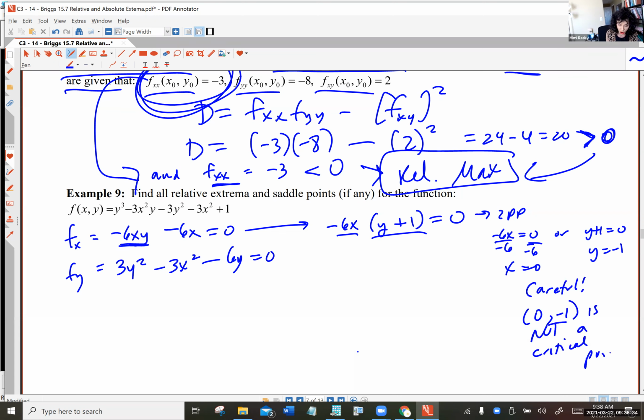Well, how do you know? Think. When you're solving a nonlinear system, the point that you get has to make both equations simultaneously go to 0. While the point (0, -1) would indeed make the first partial go to 0, try plugging it into the other partial.